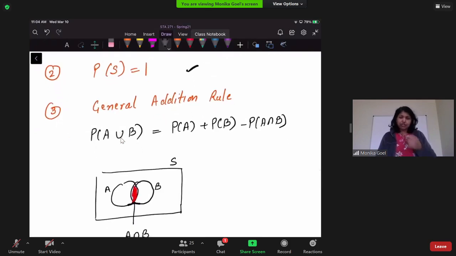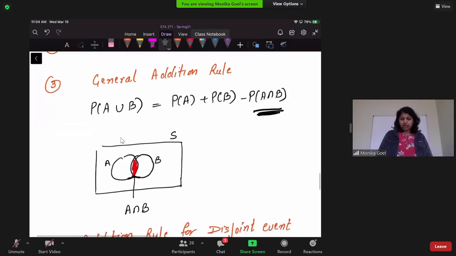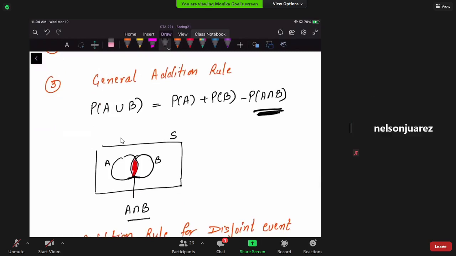We talked about the general addition rule. So the addition rule of two events. And then we will see what kind of events we are working with. So this part keeps on changing depending upon what kind of events we are working with. So the general addition rule says the probability of A or B is the probability of their individual events minus the extra part, or the intersection, that you have between those two events.